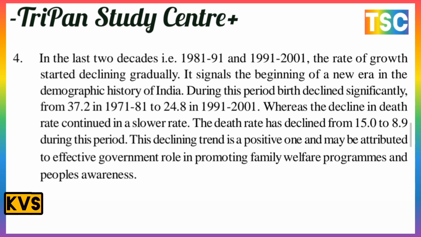The death rate has declined from 15.0 to 8.9 during this period. This declining trend is a positive one and may be attributed to the effective government role in promoting family welfare programs and people's awareness.